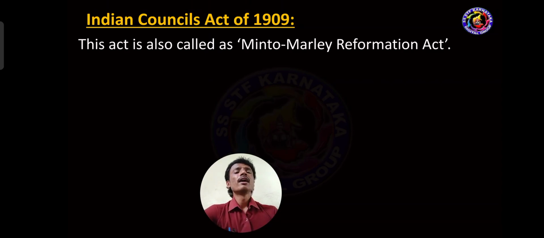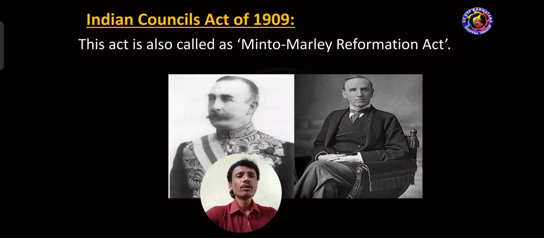What is the other name of the Indian Councils Act of 1909? The Minto-Morley Reforms Act. The first person is Minto and the second is Morley. Minto-Morley Reforms means changes. These two persons joined together and reformed some important fields.